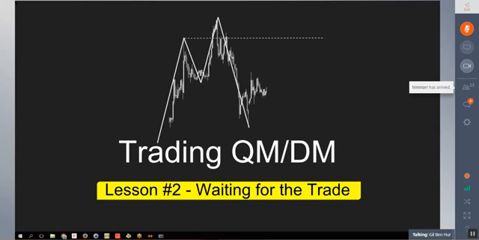It's a very basic price action tool that hints to us of a possible reversal or a possible good retracement that we can earn from. So let's talk about the Quasimodo.